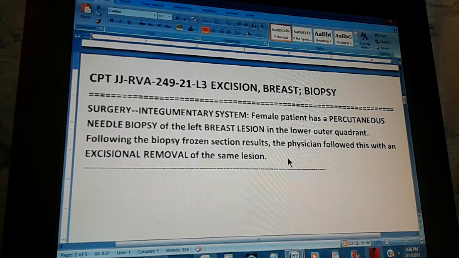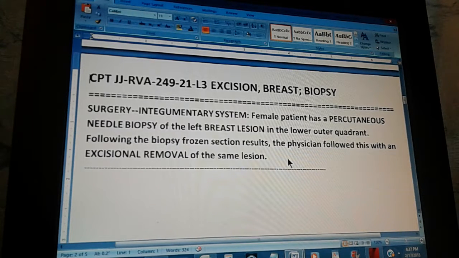And the text reads like this. Okay. Surgery and integumentary system. The skin, right? Female patient has a percutaneous needle biopsy of the left breast lesion in the lower outer quadrant. Following the biopsy frozen section results, the physician followed this with an excisional removal of the same lesion.